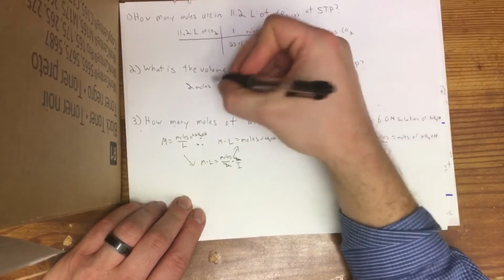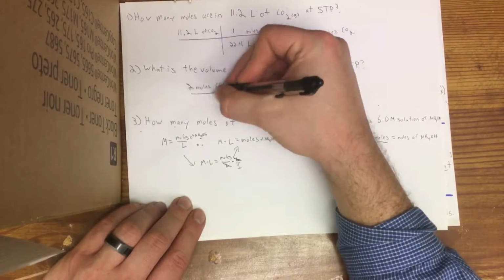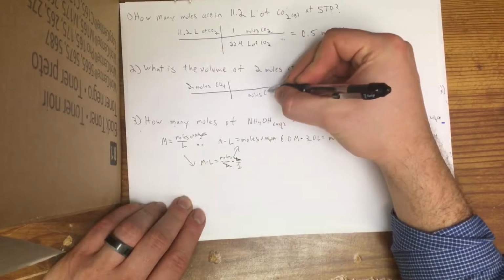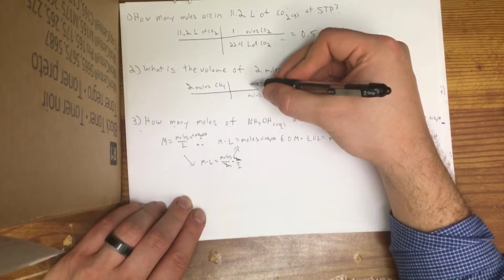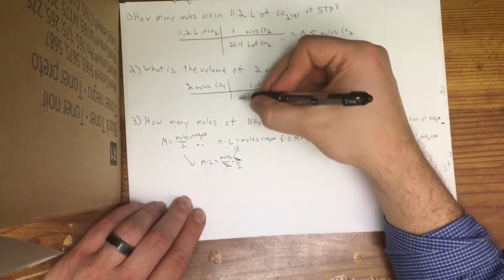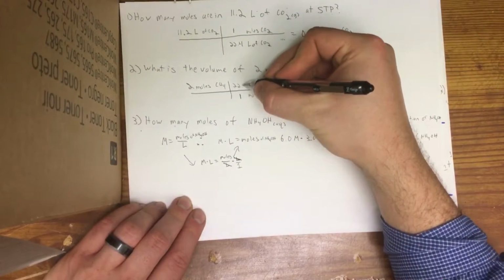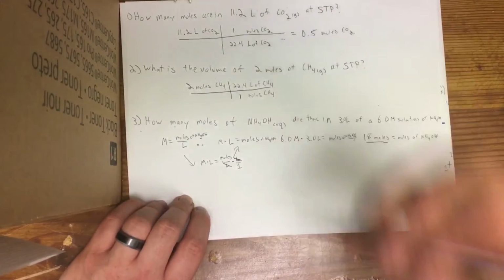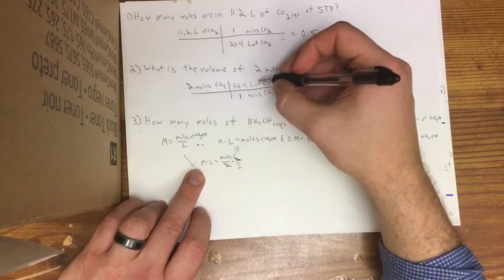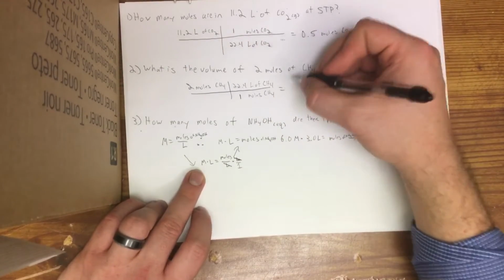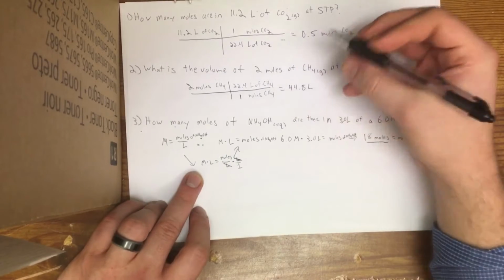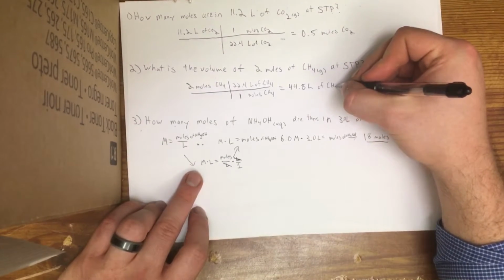We have 2 moles of methane, and we're going to convert from moles of methane to liters of methane at STP, with the conversion that 1 mole is equal to 22.4 liters. So in this case, we would take our 2 moles, we'd multiply by 22.4 since 22.4 is on the top, and we'd end up with 44.8 liters of CH4.